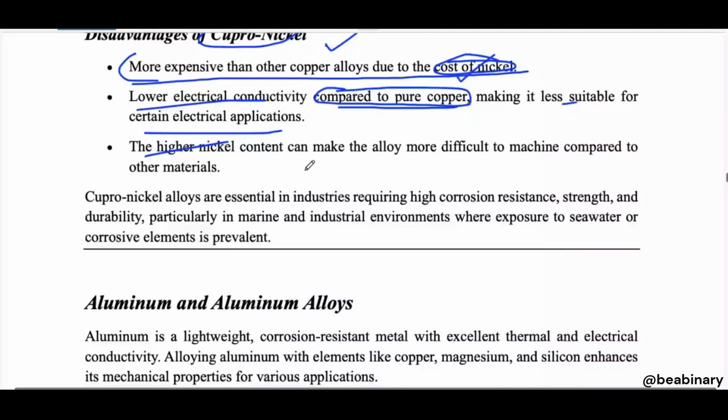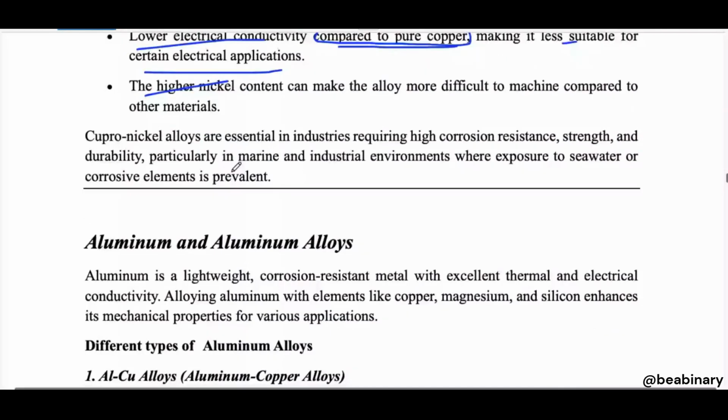So copper nickel alloys are essential in industries requiring high corrosion resistance. Okay, that is a big advantage, along with strength and durability, particularly in marine and industrial applications where exposure to seawater or corrosive elements is present.